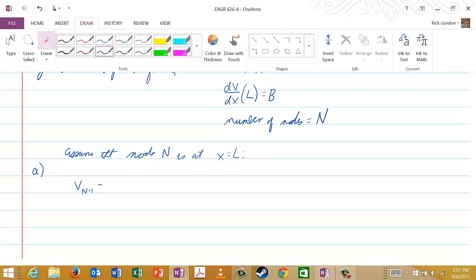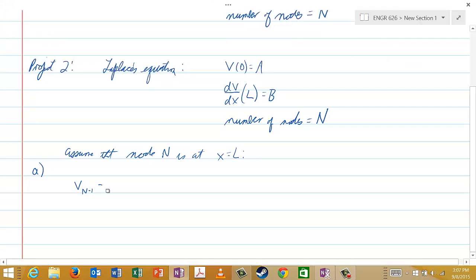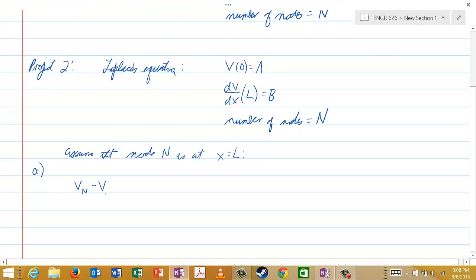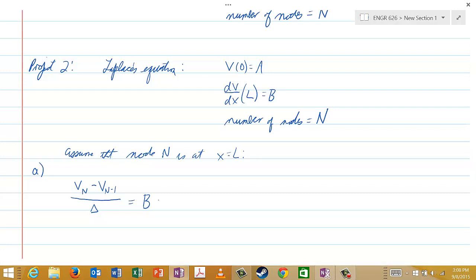So V_N minus V_{N-1} over delta is equal to B. That will be the last equation in your system of equations, and this is one way of implementing this second boundary condition.